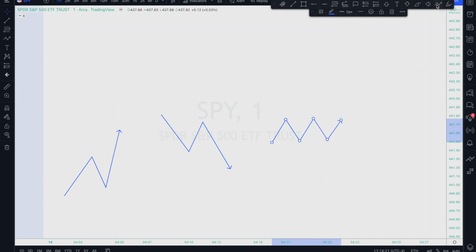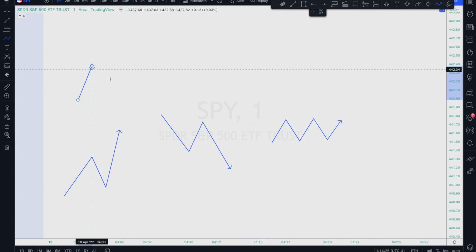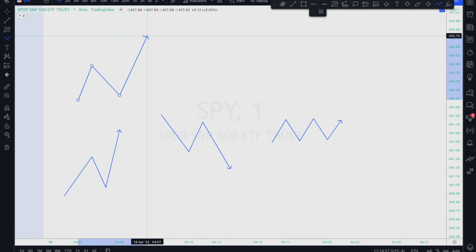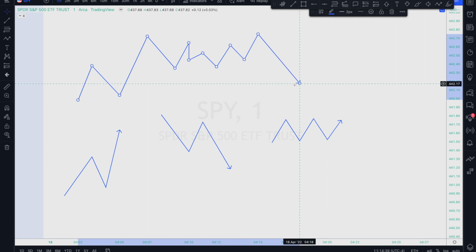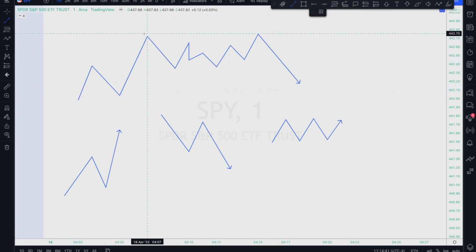And the best way to catch these fast is knowing your trends, right? So if you're doing this and you're making a trend, it's plotting your points, right?